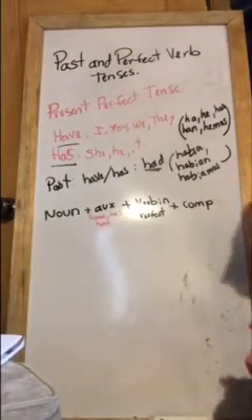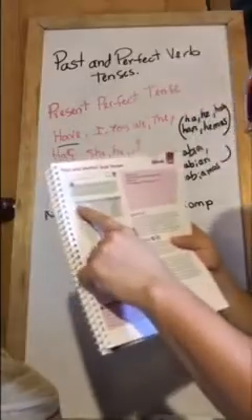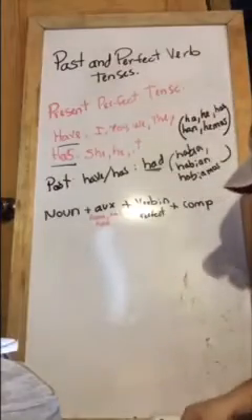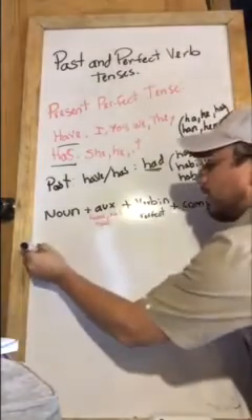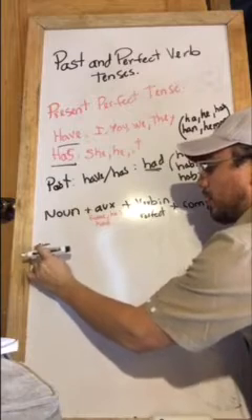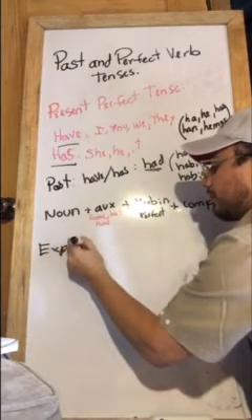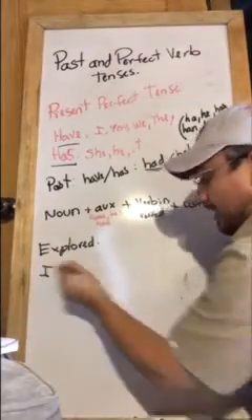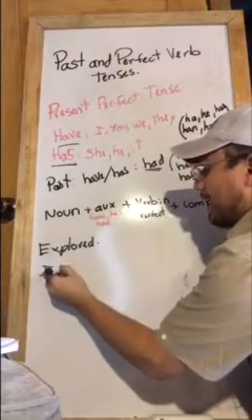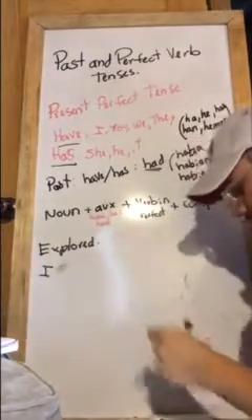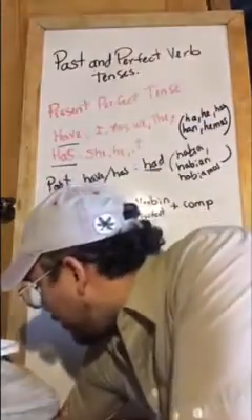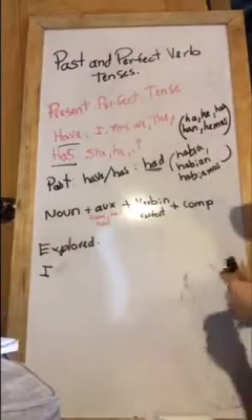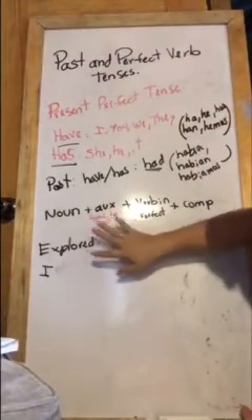Okay, so let's make an example. We're going to make examples with the first word of the homework that I have assigned you, the word explored. So we are going to start with number 1. I say I, because that's going to be my first noun. So I write I, and then what would be the correct auxiliary for this noun?